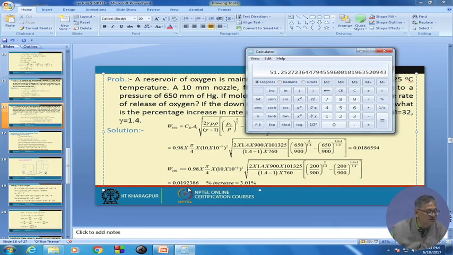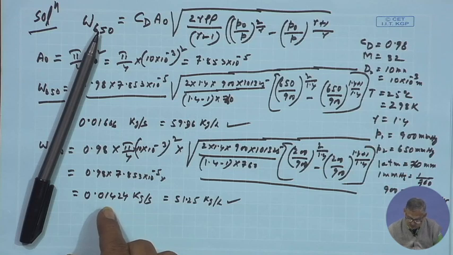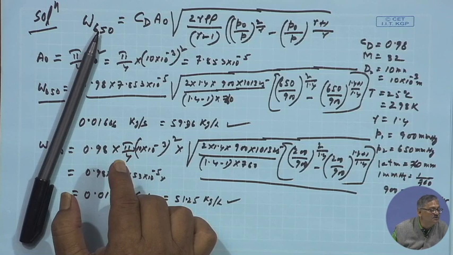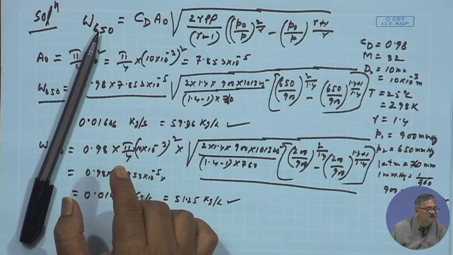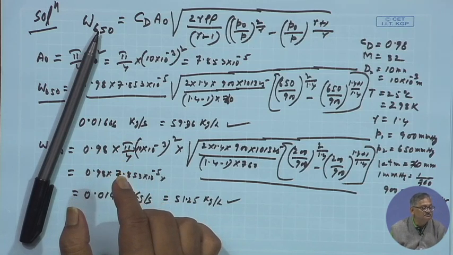However, then this means that this pressure, that W200 was this 0.0192, 0.0186, 0.014, 0.0166. So how much percentage increase in the rate?